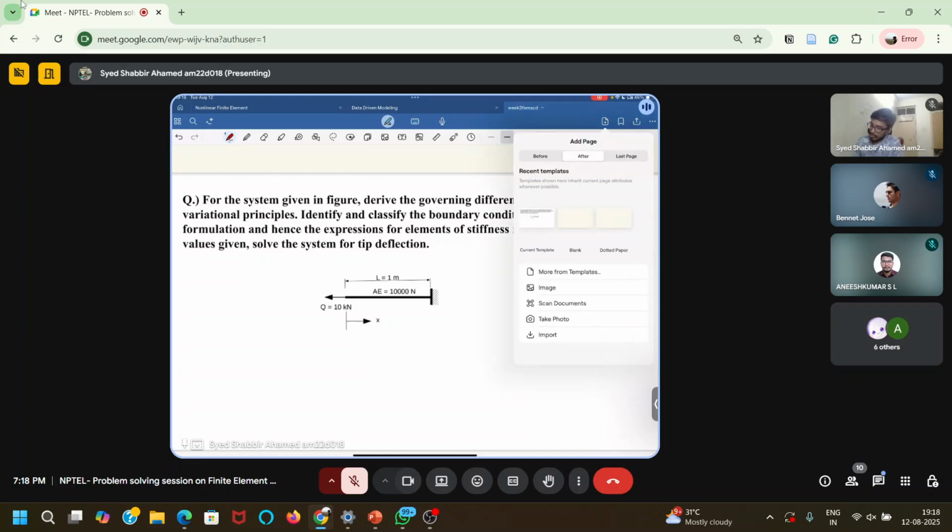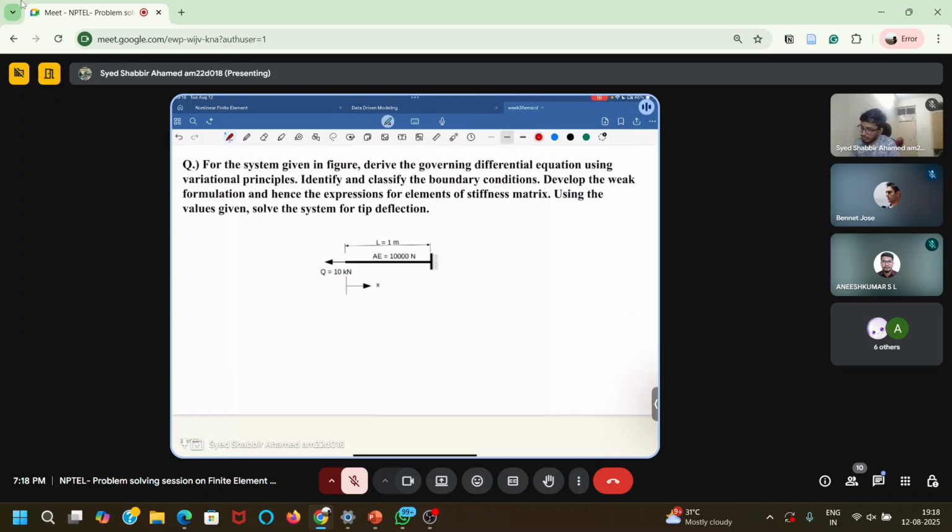Now we will look into this problem where we will use variational principles. Till now we have seen the method of weighted residuals. There is also another method which we can use to get approximate solutions, instead of taking the strong form or the governing equation.